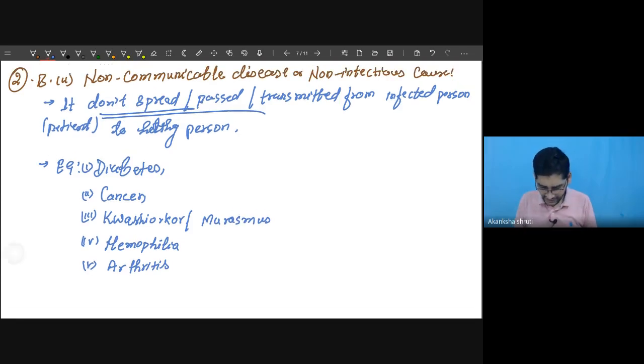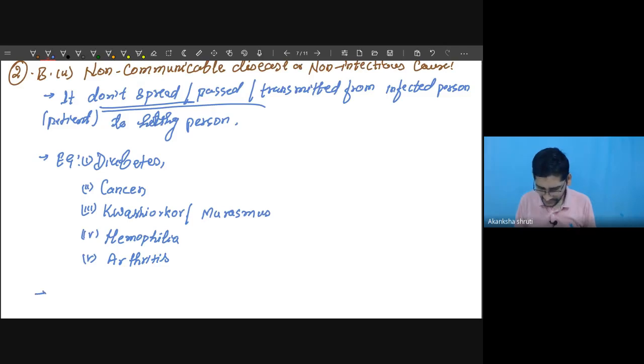Then how does it occur, student? So it arises or occurs. Why? Due to internal disorder of one or more organs of that particular individual.